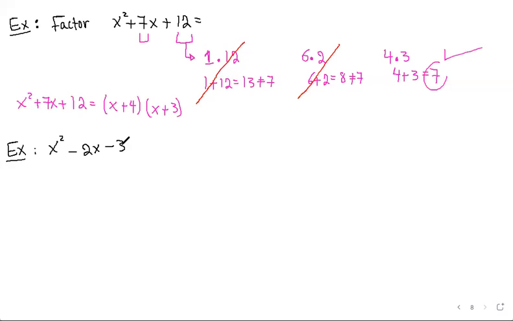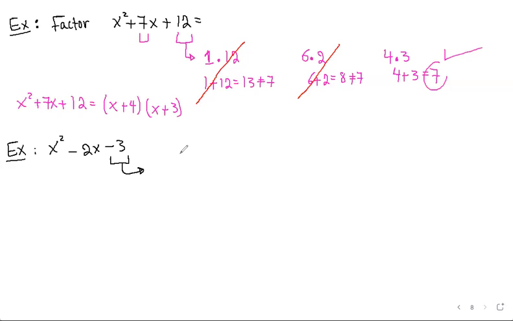If I multiply, they give me minus 3. Negative 3 and 1. So I need two numbers. If I multiply these two numbers, they give me minus 3, and the summation of them is minus 2. So I factor it like the previous idea.